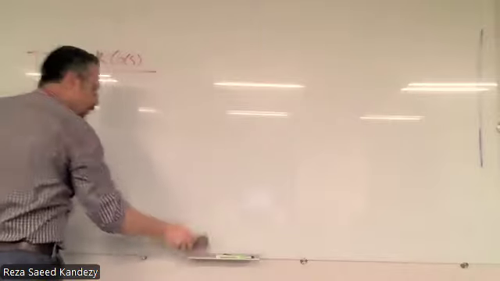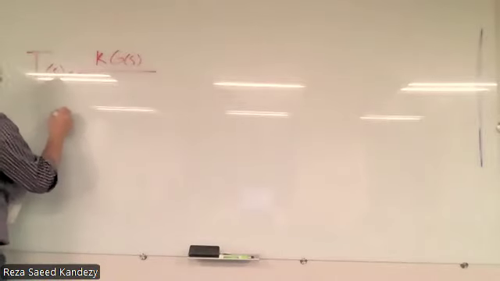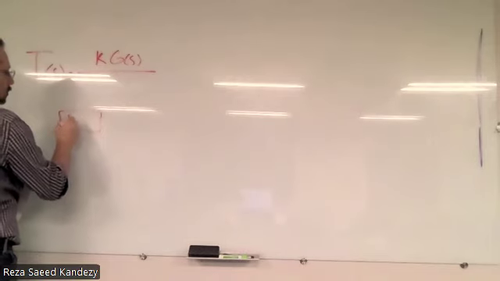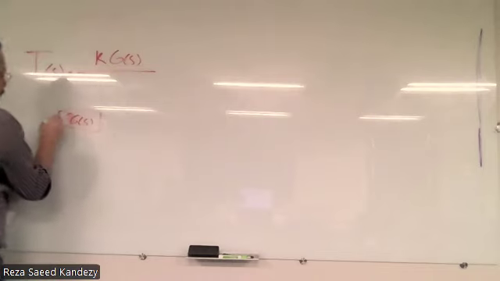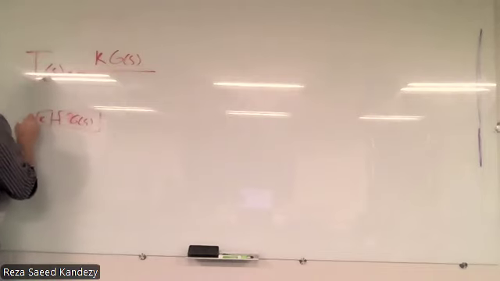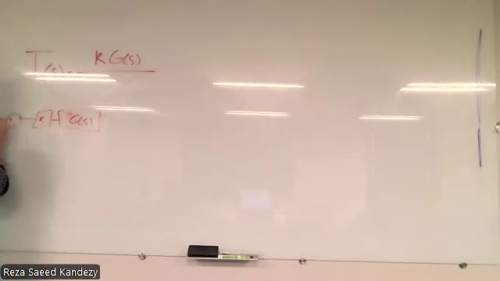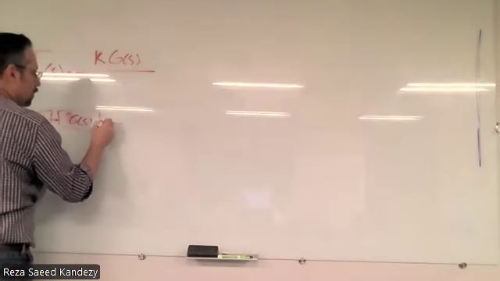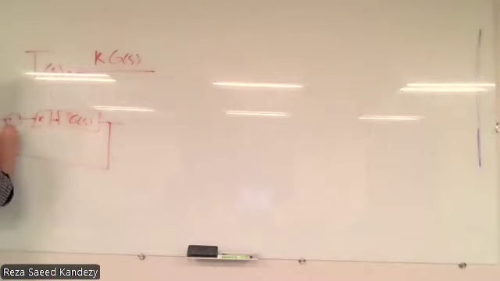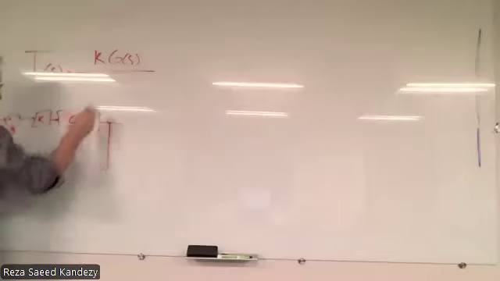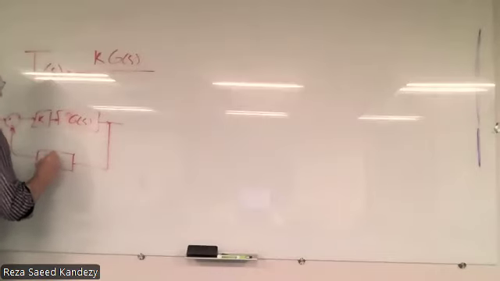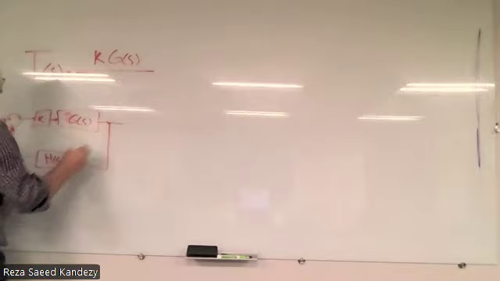We have a forward pass, we call it G of s. We apply the parameter k as a gain. And then we use a feedback pass, the transfer function of, like, H.